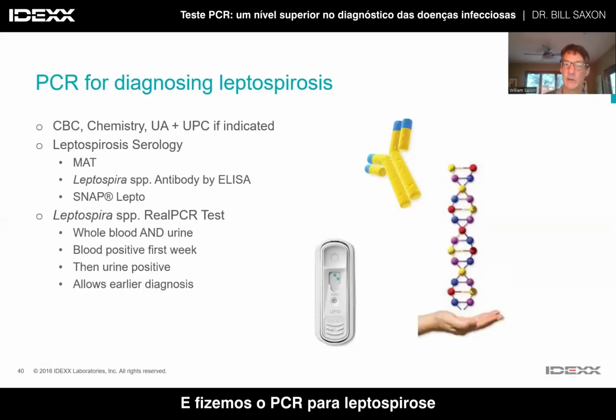And we run PCR for lepto on both whole blood and urine. The reason for that is in the first week of infection, the organism circulates in the bloodstream. So if we run the lepto on whole blood, we can detect the infection in that first week. Again, one of the advantages of PCR testing is early diagnosis before seroconversion, right? So this is an example of that.